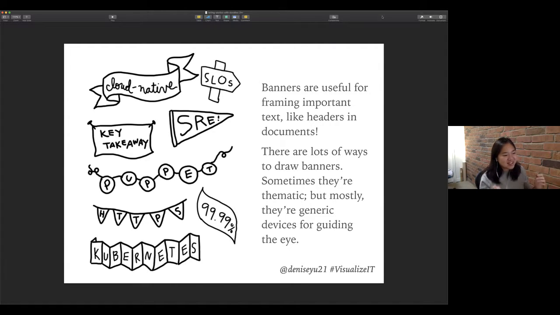But it's too much to think about when you're in the moment just trying to capture. So now I'm just going to have a couple of banners that I go to and not worry too much about that. It's kind of cute if you can think of everything thematic, but it's a lot of cycles when you're already trying to keep up with things. And I'm all about trying to reduce those cycles now.